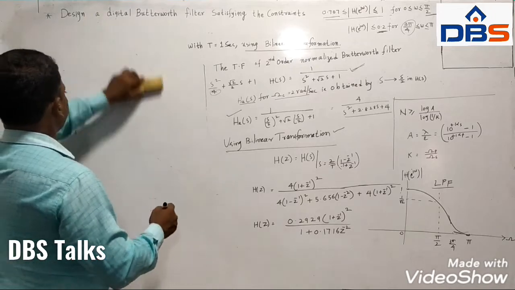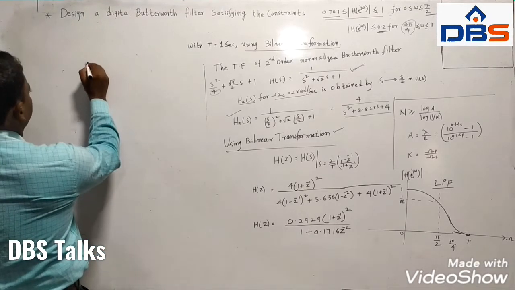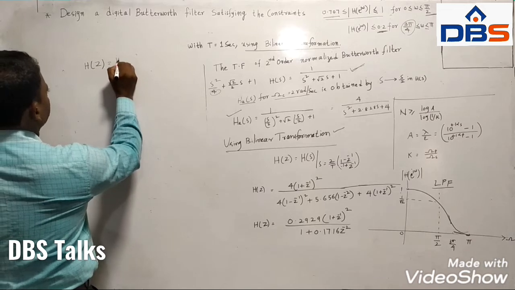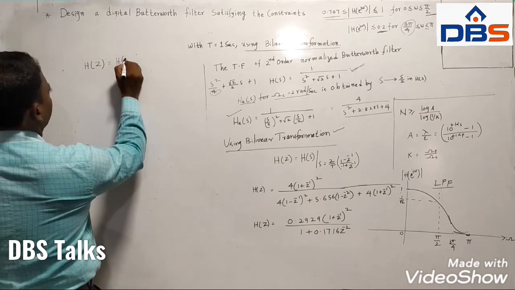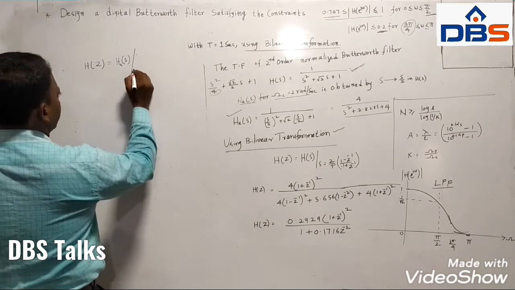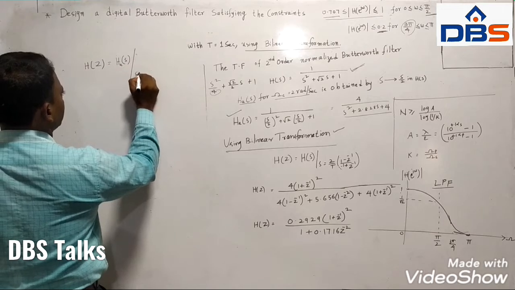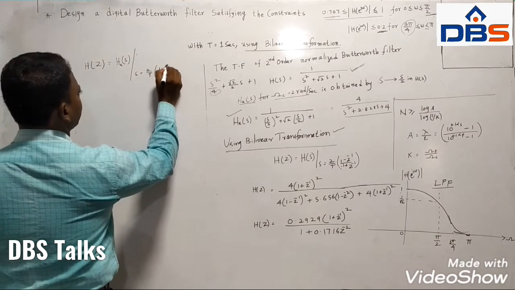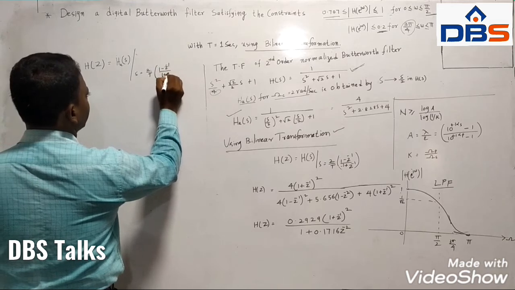Suppose I want to design a digital filter H of z: first I find the analog filter transfer function, and in it I substitute s equal to 2 by T, 1 minus z inverse by 1 plus z inverse.